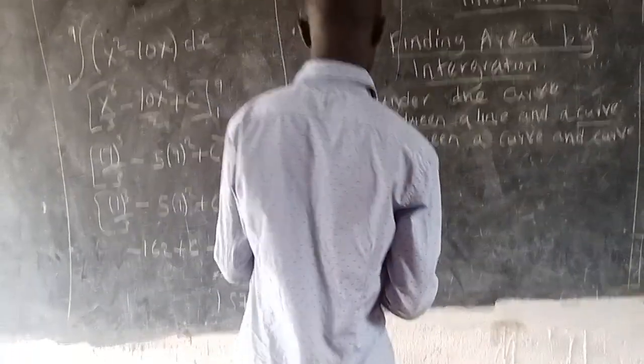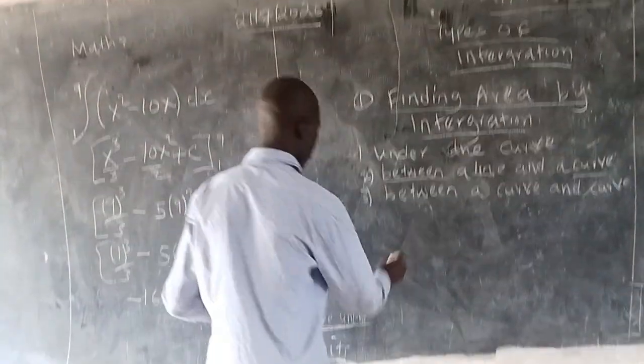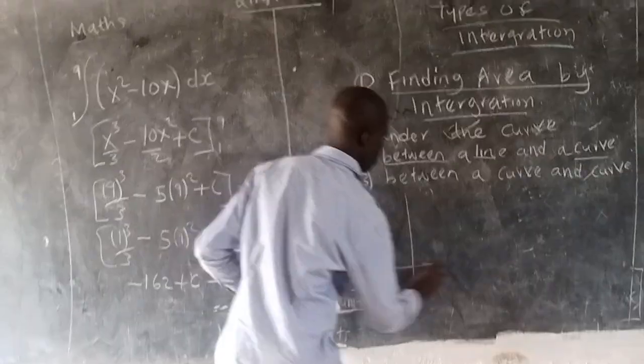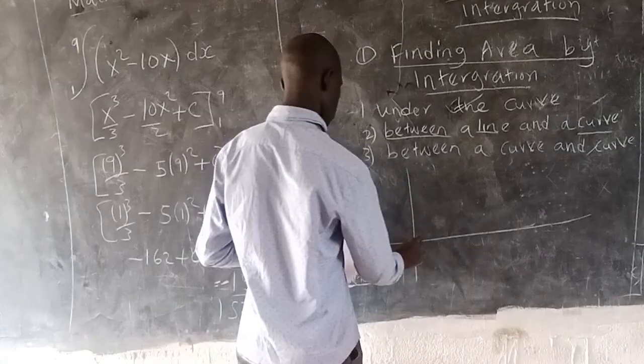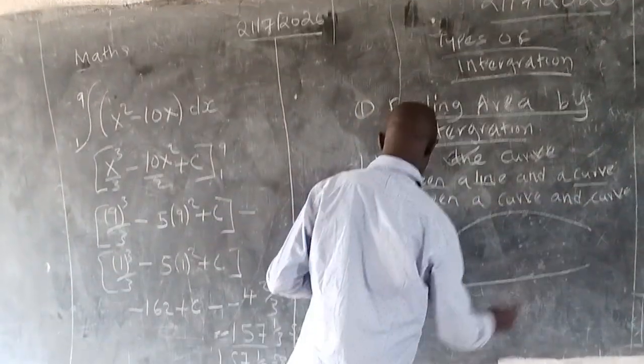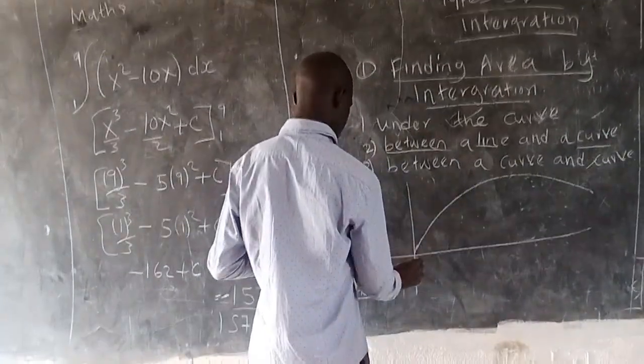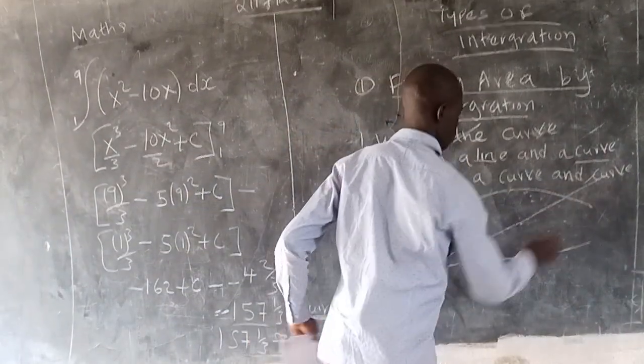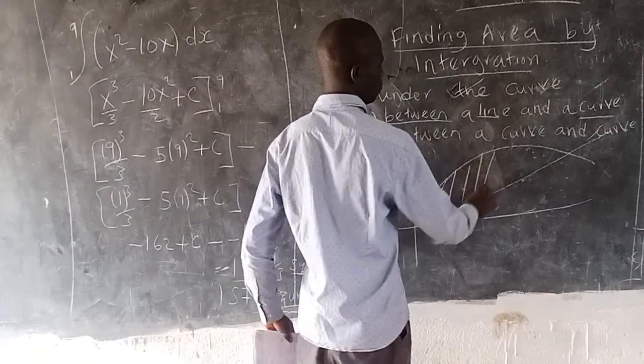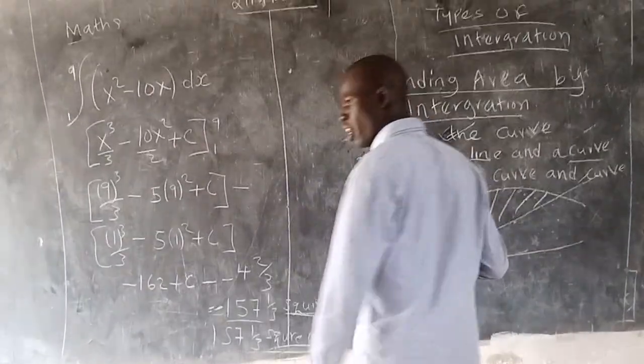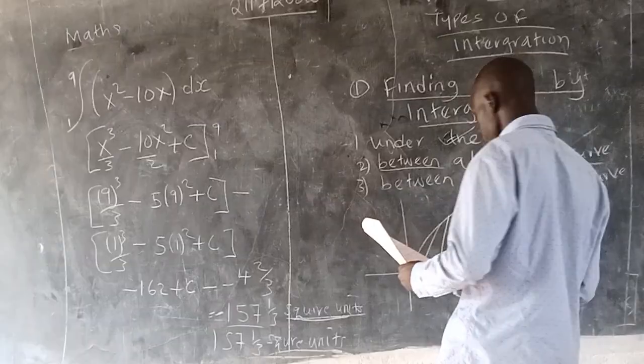For the area between a line and a curve, we can be given an example like this: we have a curve, then we have a line, then there is the shaded region. They ask you to find the area of the shaded region by use of integration.